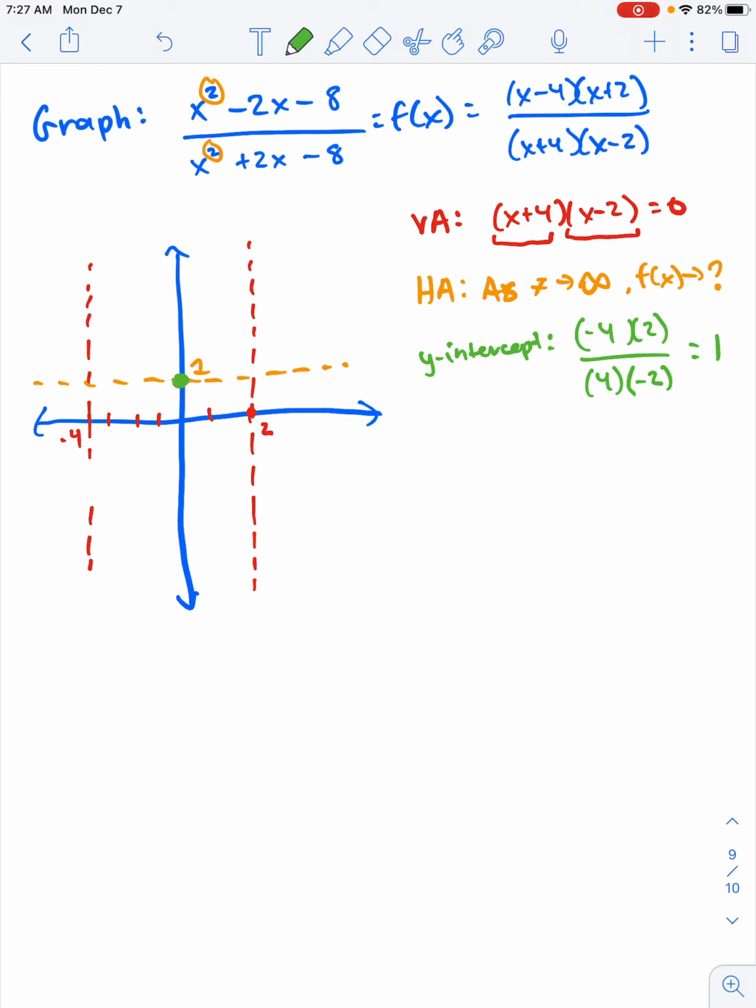Now that might be a little confusing because our y-intercept is on that horizontal asymptote, but we have to remember it's okay if we pass through the horizontal asymptote in the middle here. The horizontal asymptote is only going to really matter out here at the ends. So it's okay if we touch the horizontal asymptote. Now, vertical asymptotes, we can't touch those ever. These are never going to be crossed, but horizontal asymptotes can be crossed when we're in the middle.